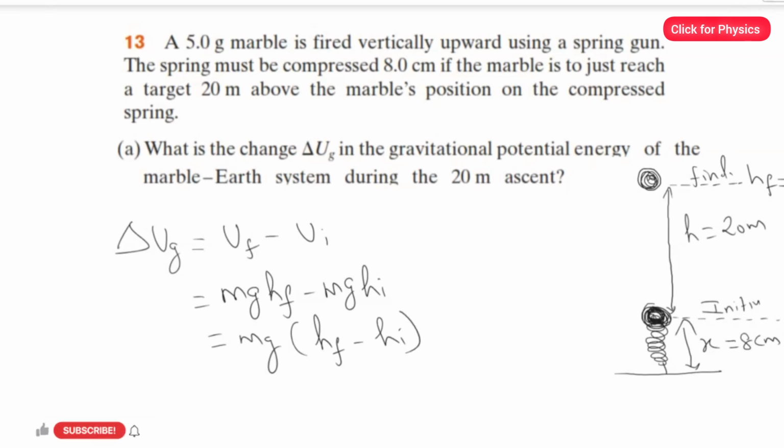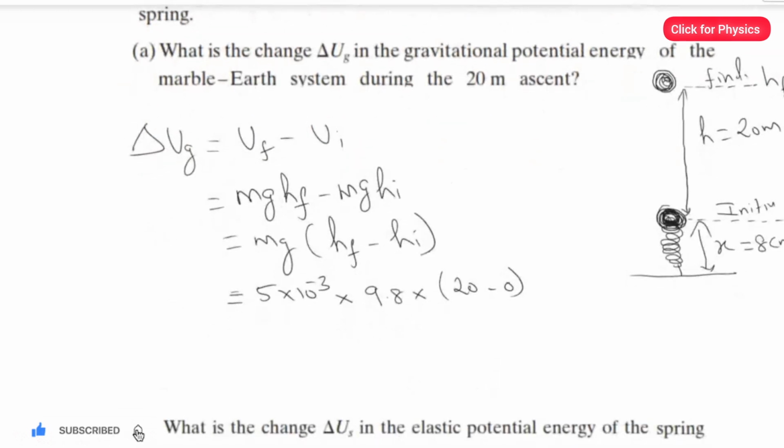Here hi is 0 and hf is 20 meter. Now I am going to substitute the values. The mass is 5 grams, so 5 times 10 to the power minus 3 in kilograms, and g is 9.8, multiplied by hf minus hi, which is 20 meter minus 0. When you multiply all these, we get the change in gravitational potential energy, which is equal to 0.98 joules. Clear?